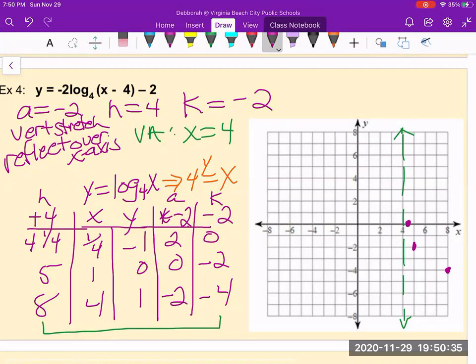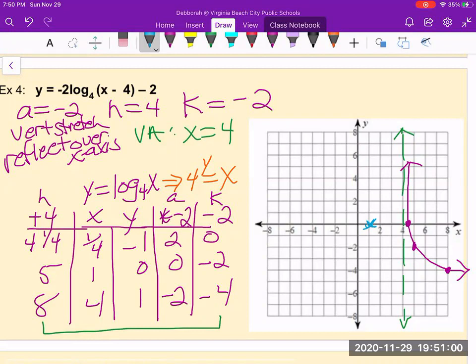And you can see the reflection of this graph over the x-axis. Once again, if we were doing a very rough sketch, we could have used that critical point of 1, 0, and we would have been reflecting over the x-axis.